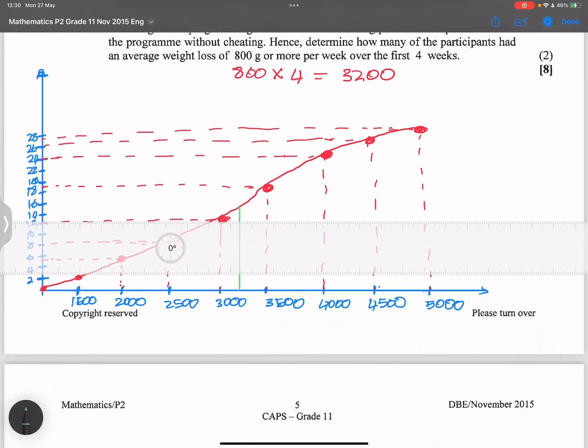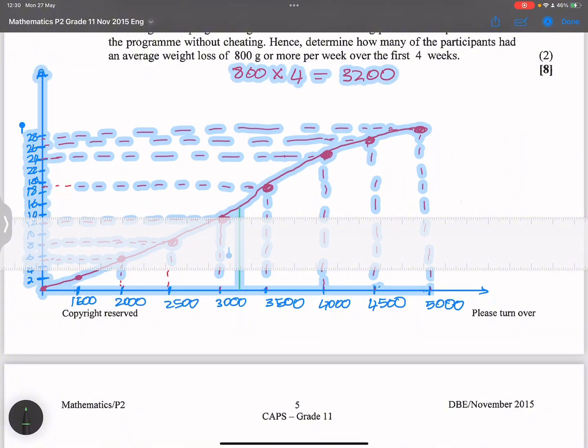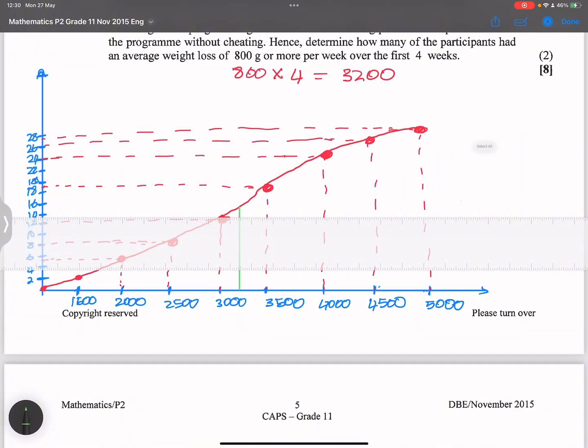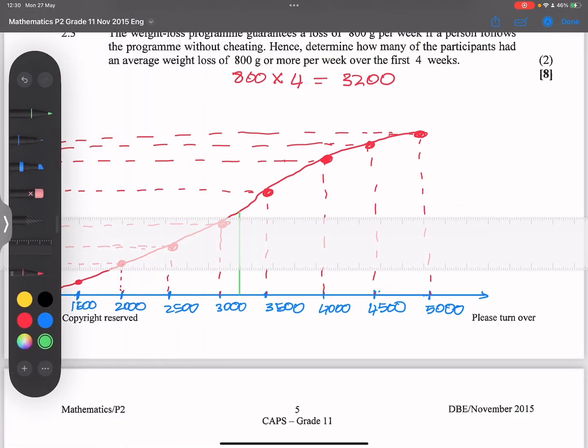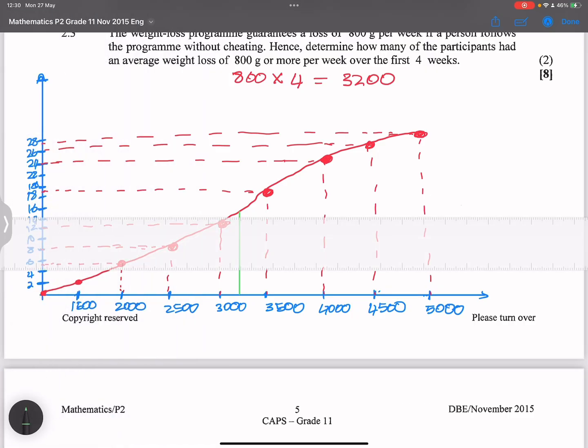Now what's my corresponding y value in that case? If I take my ruler and find a value that corresponds to that, it looks like somewhere at 15. Of course, my graph is not really too accurate, but you can check.